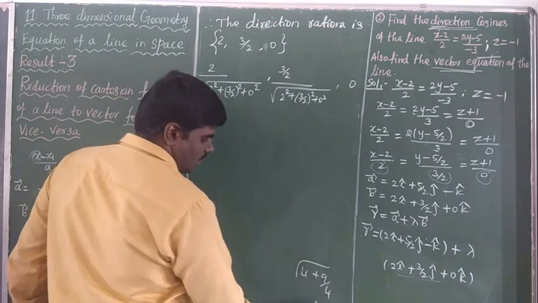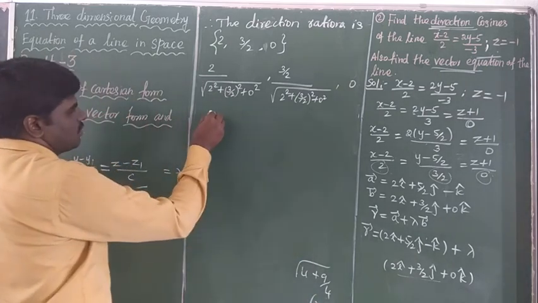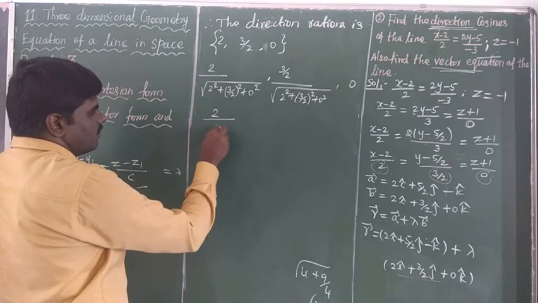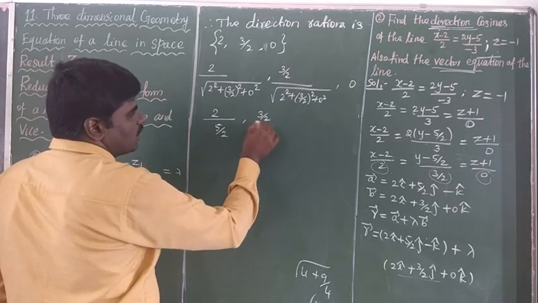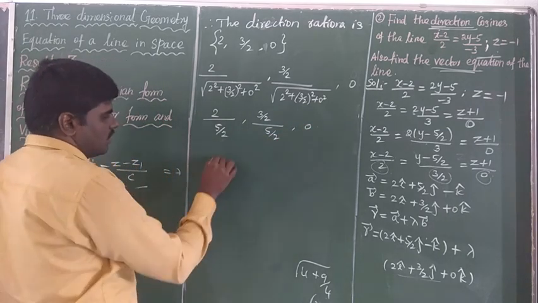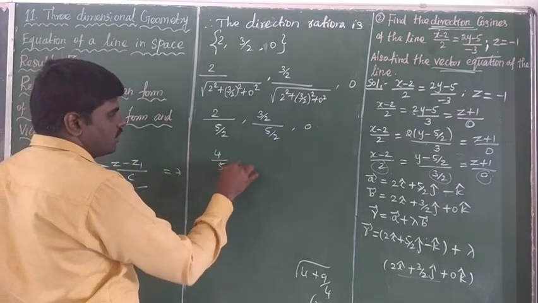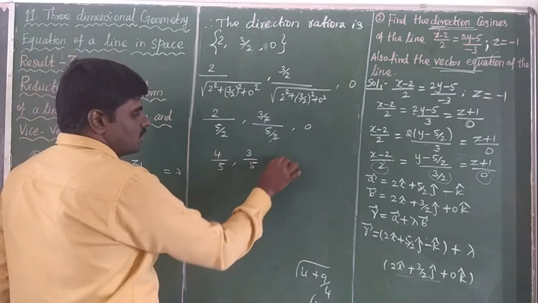Here 16, about 25 divided by 4, square root, that is 5 by 2. Simplify: 2 divided by 5 by 2. Next, 3 by 2 divided by 5 by 2, and the value of 0. Simplifying, 4 by 5. Next the 2's cancel, the remaining is 3 by 5, and the value of 0.